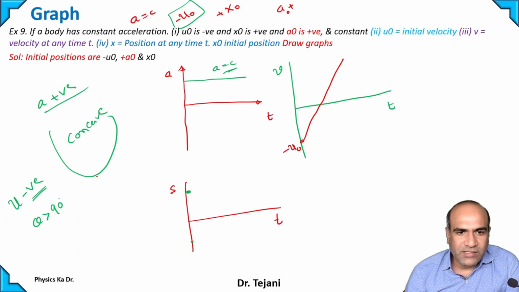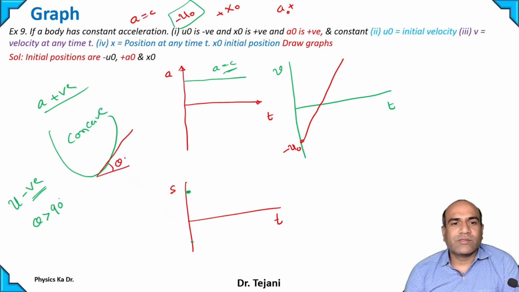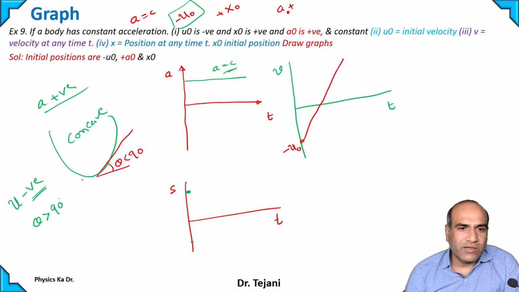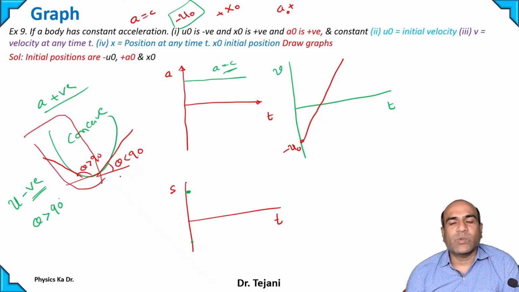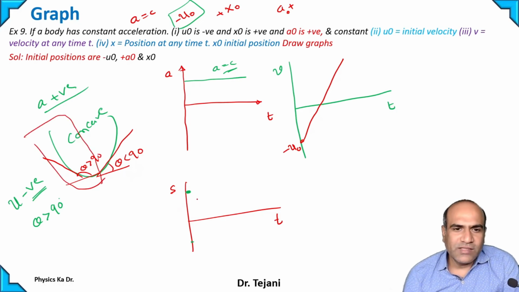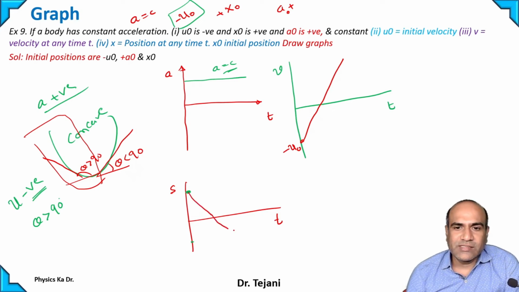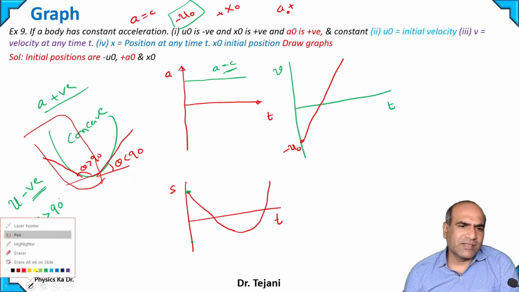For this case, if I draw this, it is less than 90, it won't work. On the opposite side, theta is greater than 90. So this side curve should work. So the curve should be like that, starting from somewhere in this case, and then may go like that. Let's see how it works.